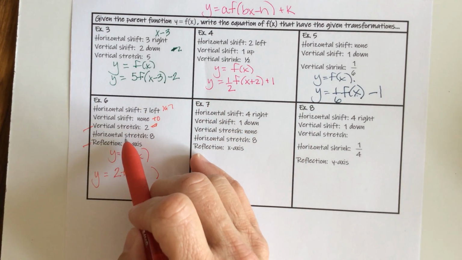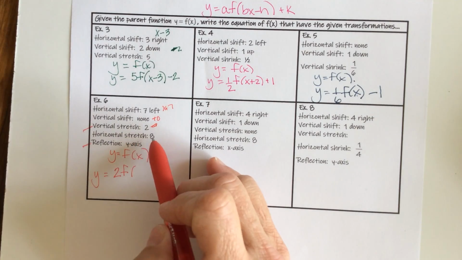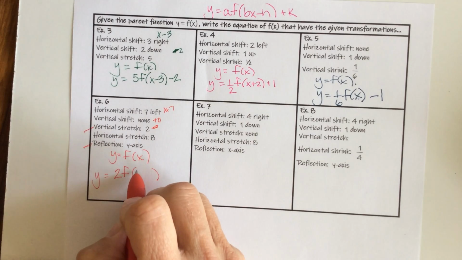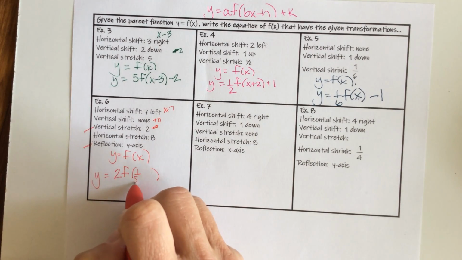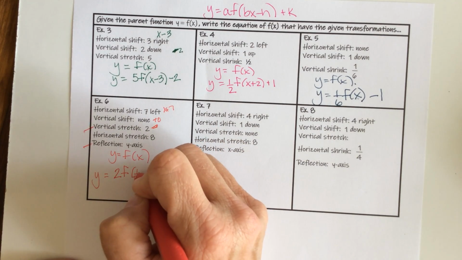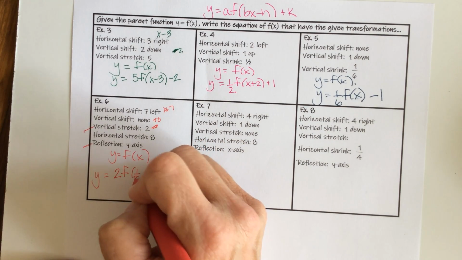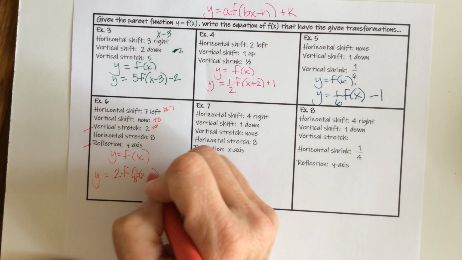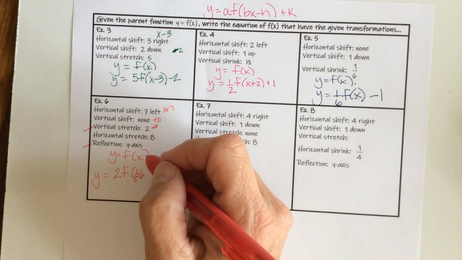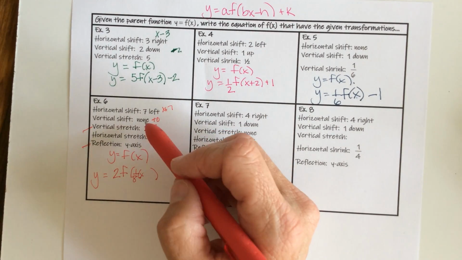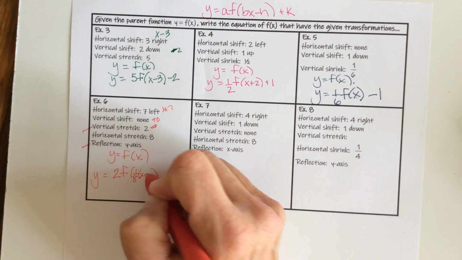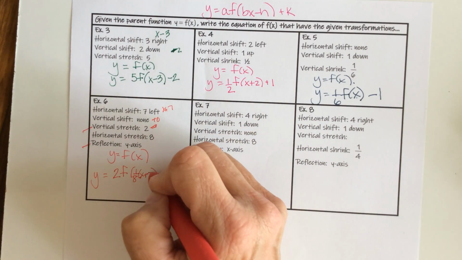We have a horizontal stretch of 8 by a factor of 8, which means, remember what we have to do with that. I'm going to have f of 1/8 x. I have a horizontal shift of 7 to the left, so it's 1/8 of x plus 7.